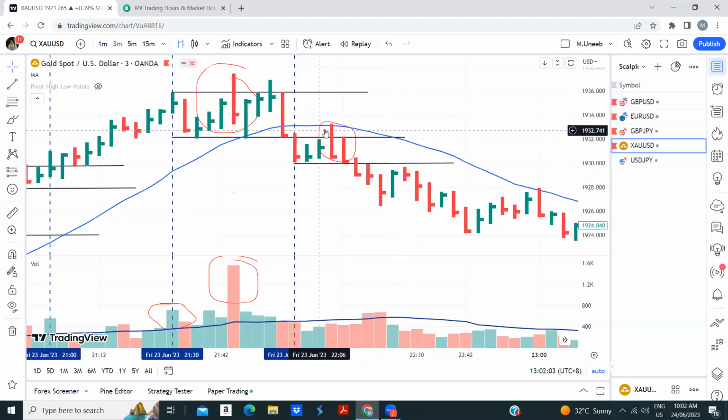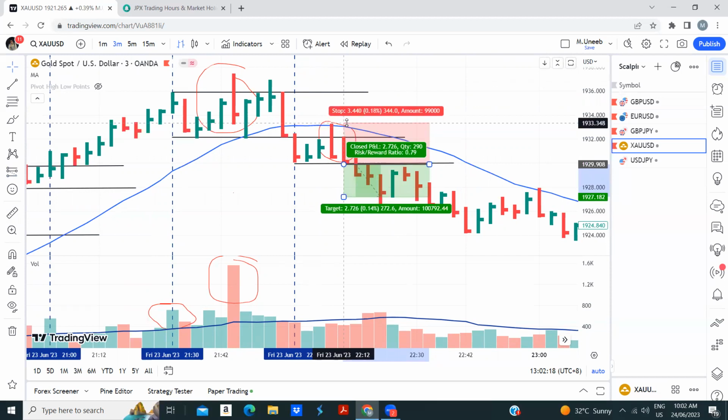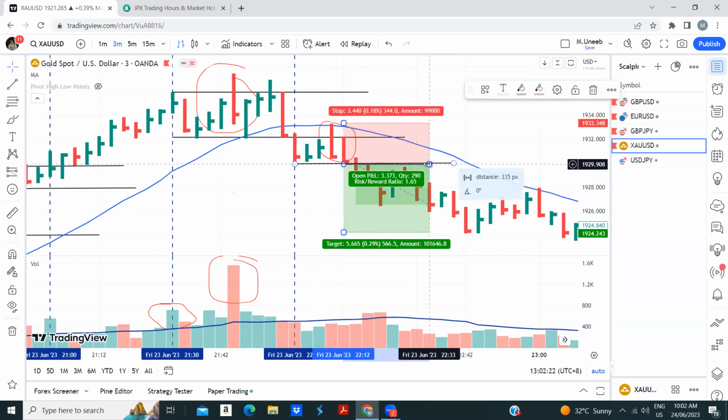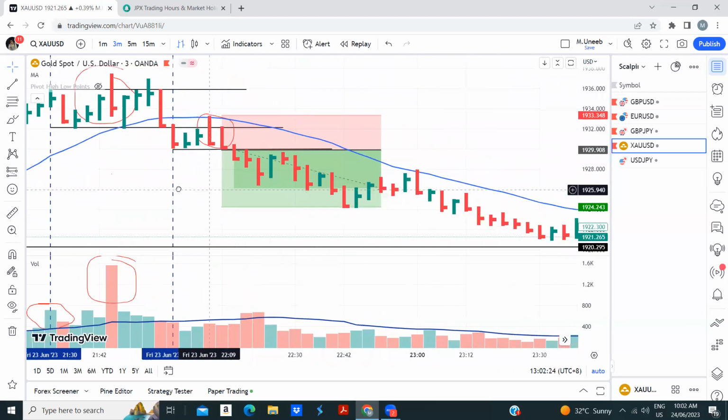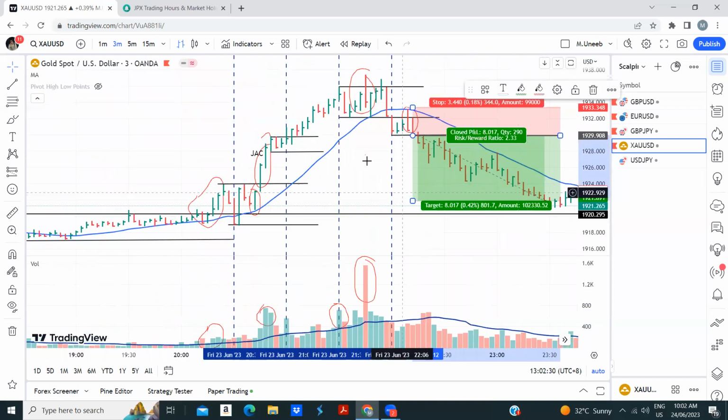So this hidden upthrust was tested right over here, at this point. You can consider it the safest point to trade. Stop loss here. Now, as I go down, the price will just keep on drifting down.